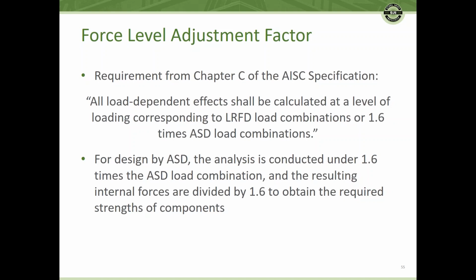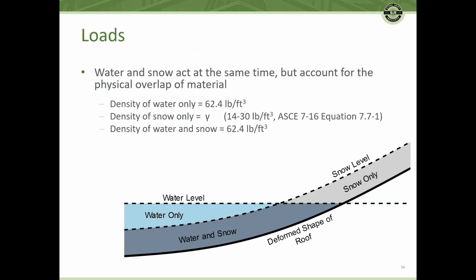So what this means is if you're using ASD, all the loads should be bumped up by 1.6 before you run the analysis. You run the analysis and divide all of your results by 1.6. This ensures that the level of nonlinearity is equivalent between the two different methods of design.